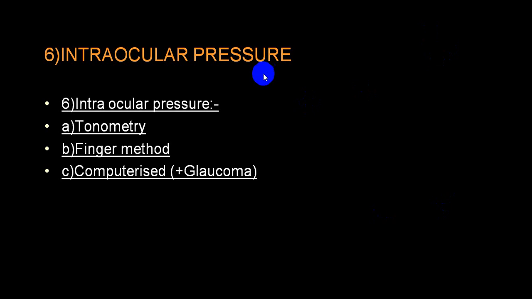And then another thing we examine in the eye is the intraocular pressure. One which was used many years back was tonometry. Then the finger method is a very rough method. Now it is entirely replaced by computerized technology for measurement of intraocular pressure, and that is the most common method being utilized.